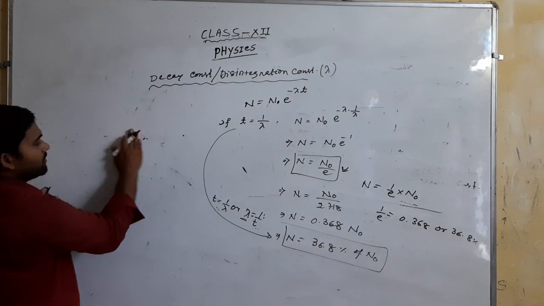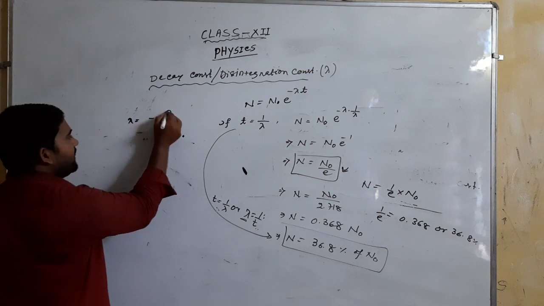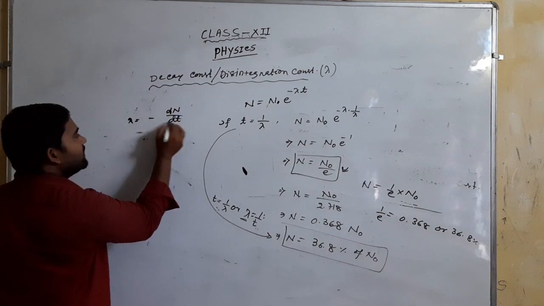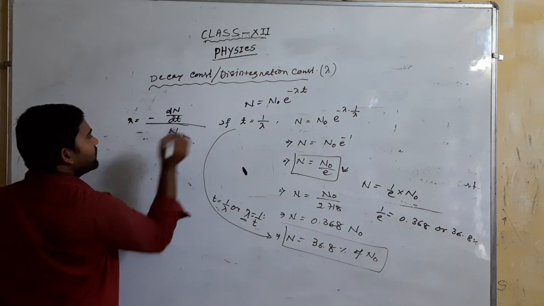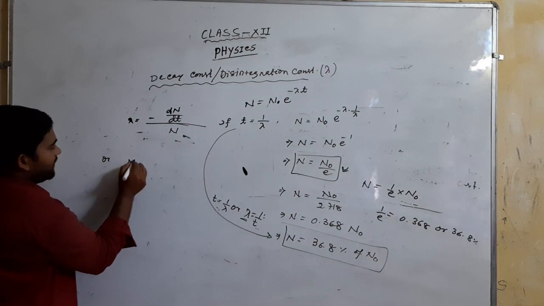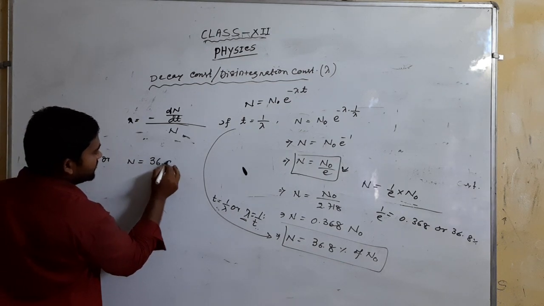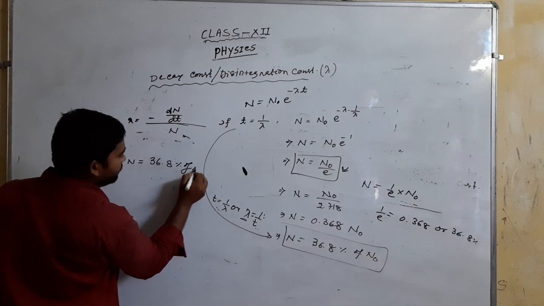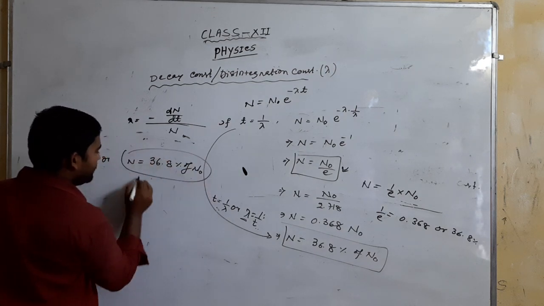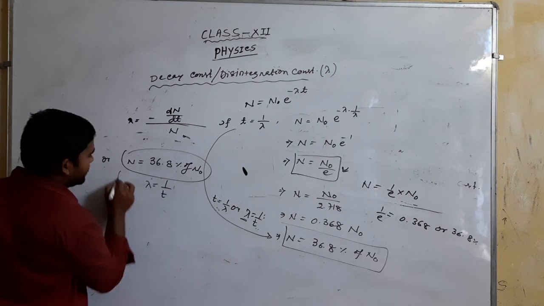One is decay constant lambda equals minus dN upon dt divided by N, and the other is N equals 36.8% of N naught, which happens when we substitute lambda as 1 by t.